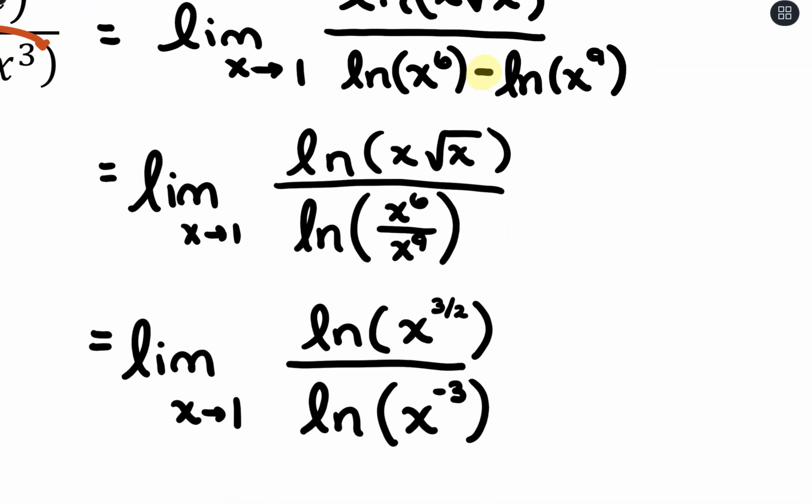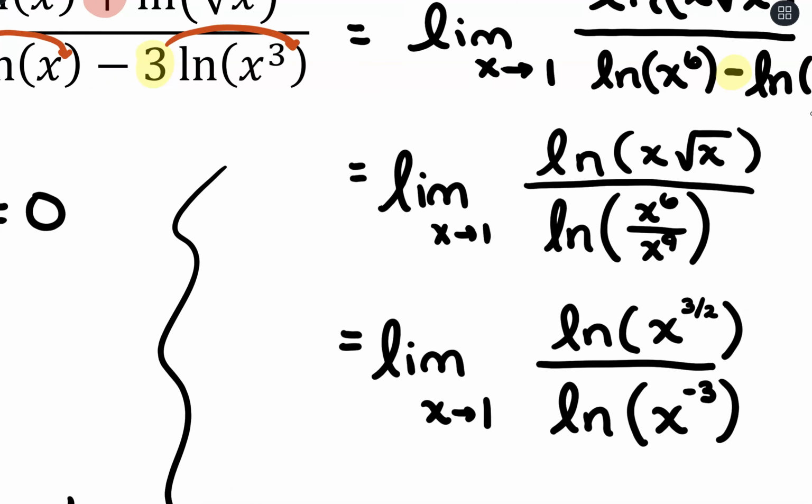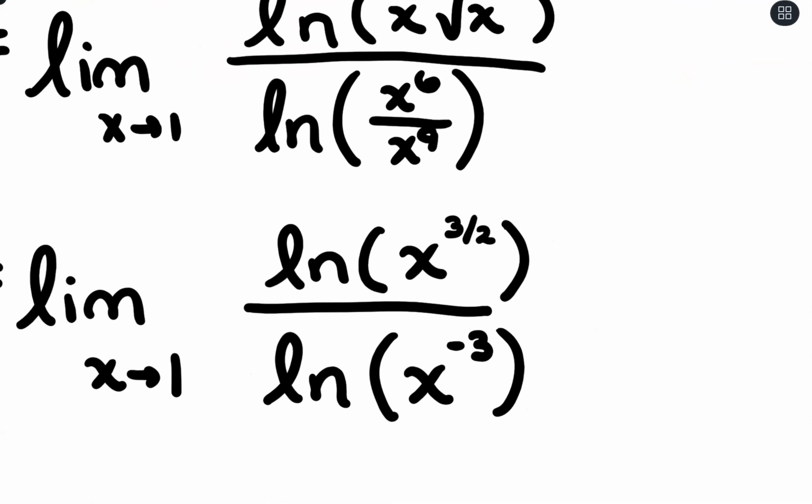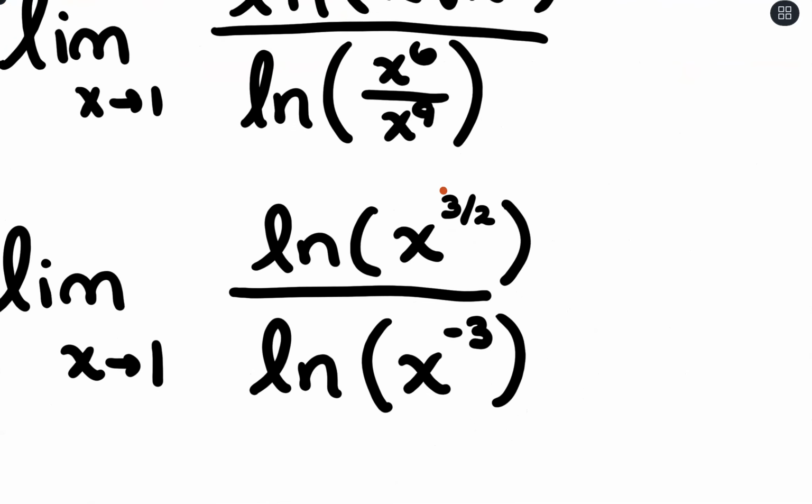Okay, we're using lots of properties here, but it's good to get a review of these. So what we're going to do is go back to the rule that we used at the beginning, where we brought those numbers inside as exponents, and we're going to do the reverse, which lets us take those values and put them out front.